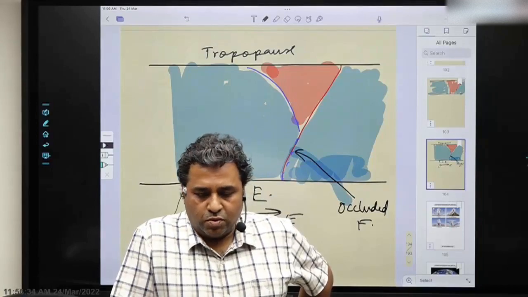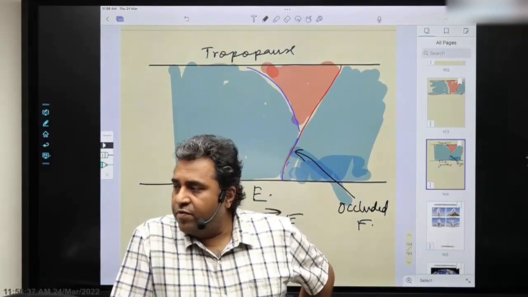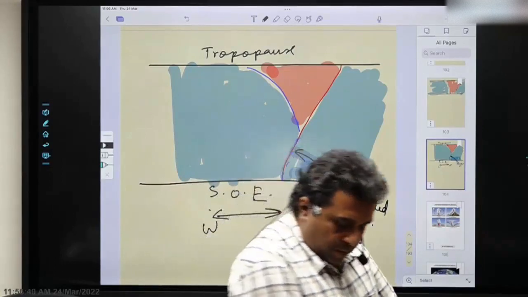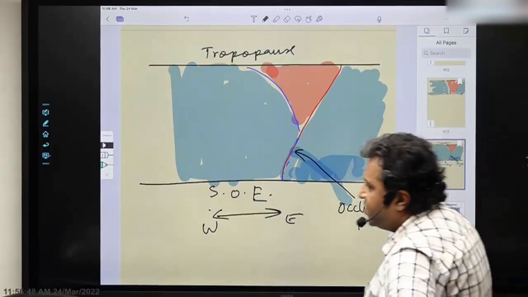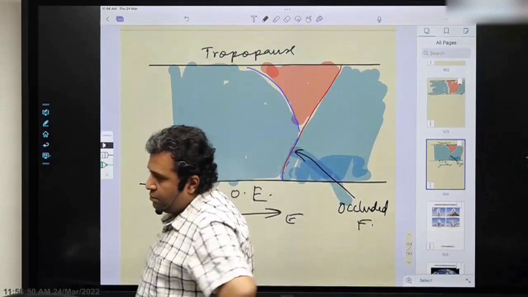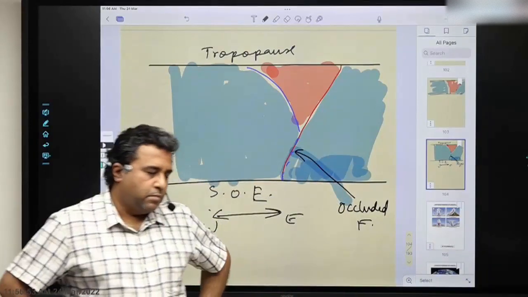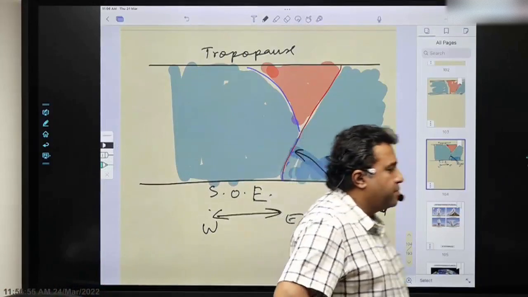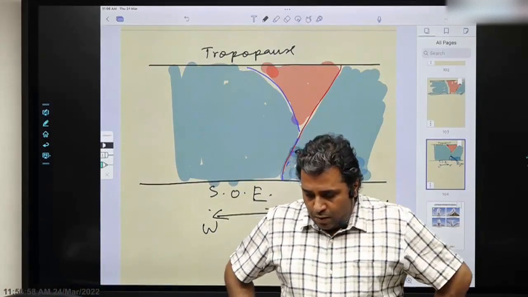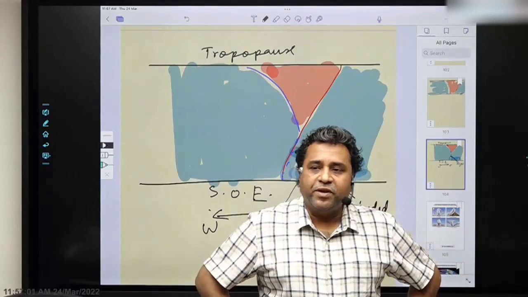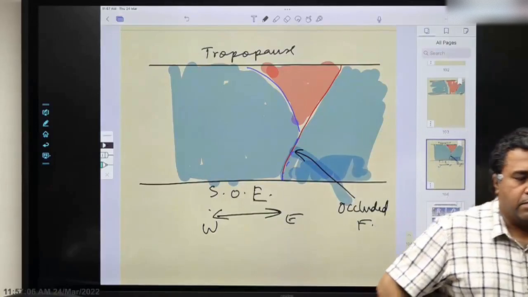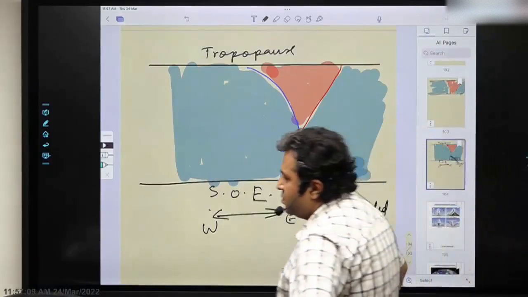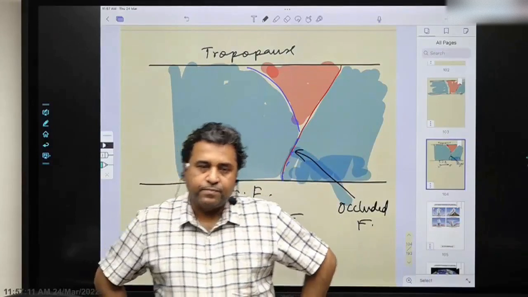Also, on both sides of the overlapped front there is cold air mass, and hence the front will also become weak, hence called an occluded front.